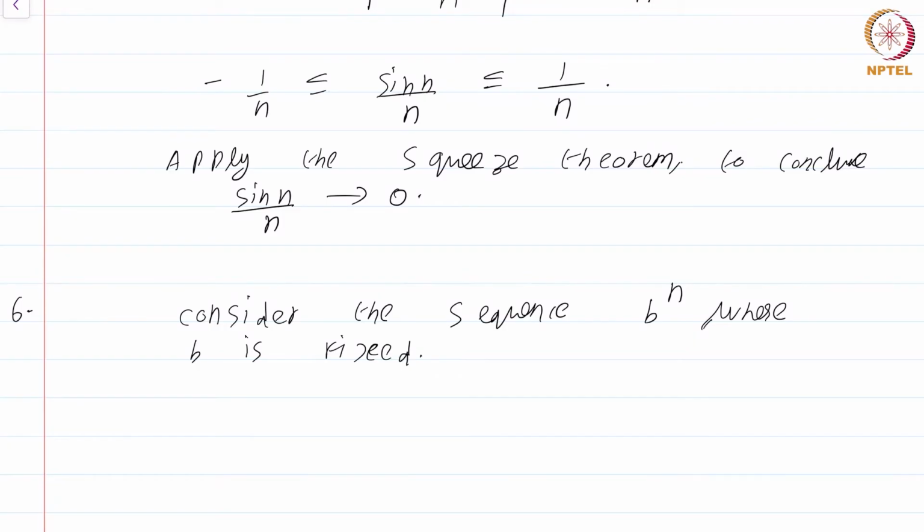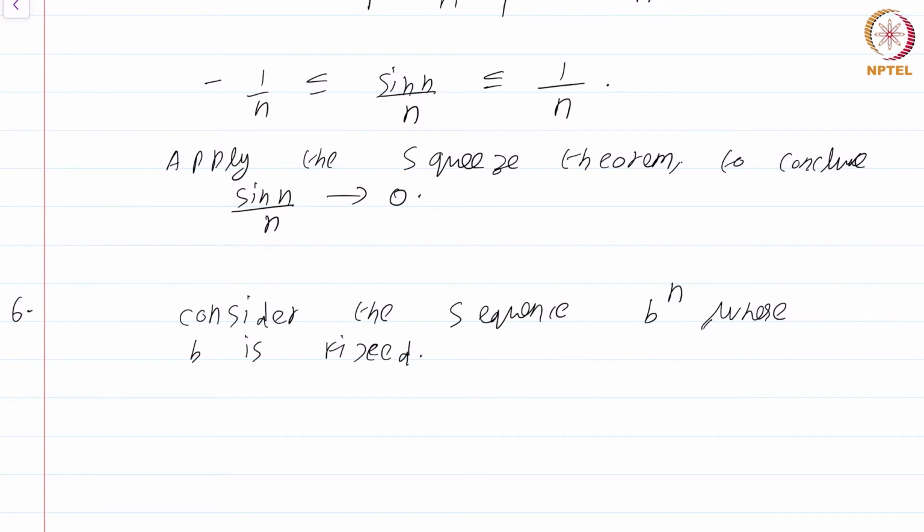Okay. Now what happens to this sequence? Well, it depends on whether the modulus of b is greater than 1 or the modulus of b is not greater than 1, that is, it lies between minus 1 and 1.